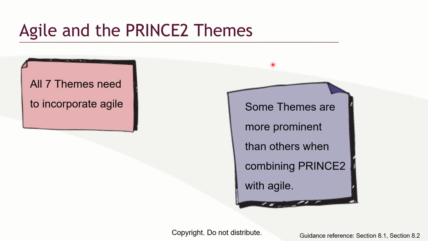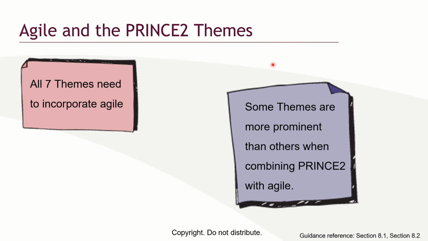Okay, Agile and Prince2. All the 7 teams need to be incorporated in Agile. That is important. We need to reemphasize that nothing in Prince2 is removed when we are doing Agile. Some teams are more prominent than others when combining Prince2 with Agile. We have talked about Agile and Prince2 processes.